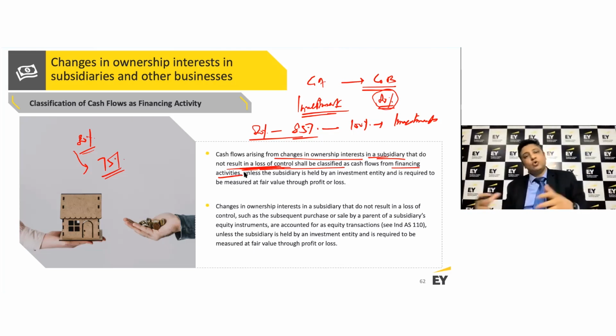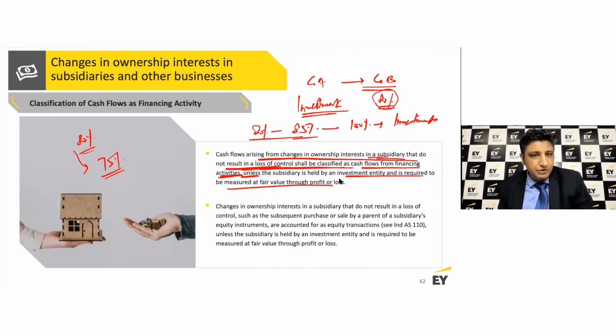When we deal with group accounting, you are better placed to understand these movements and the transactions around that. So all you need to remember is that a change in the ownership interest that does not result in loss of control would be essentially a part of your financing activities, unless it's an entity wherein investments are made by the investment entity and the entire accounting is done through fair value through profit or loss.